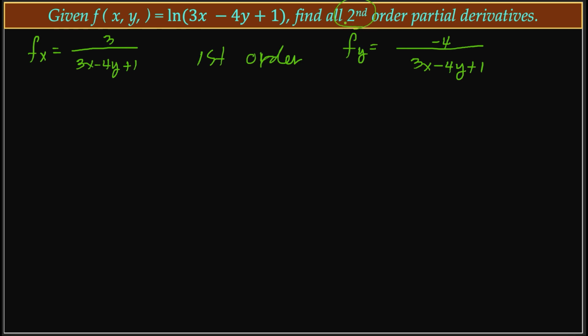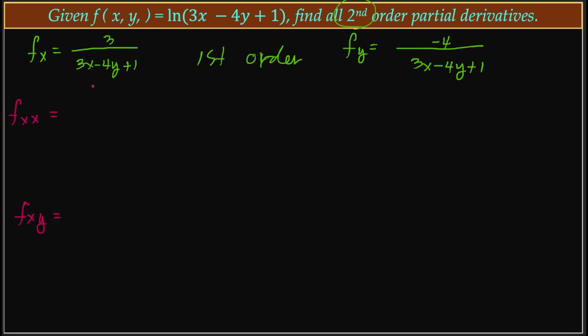So we will derive again these expressions with respect to x and with respect to y. So the first job is f sub x with respect to x, and then f sub x with respect to y. So what is the partial derivative of this with respect to x?